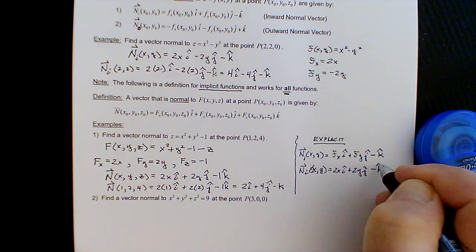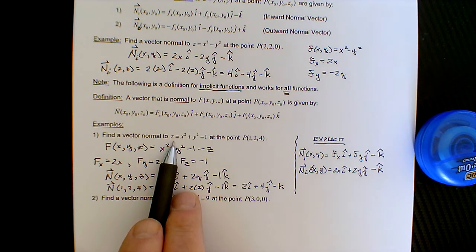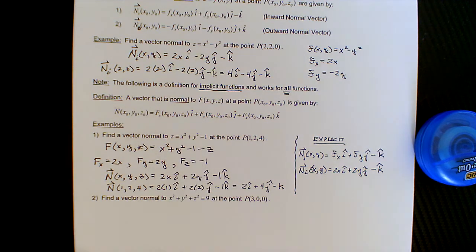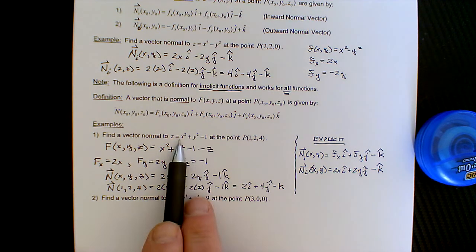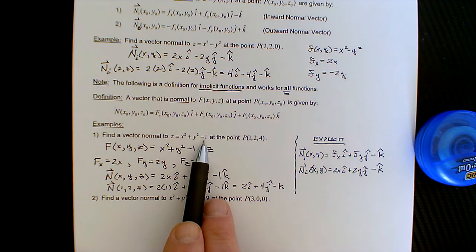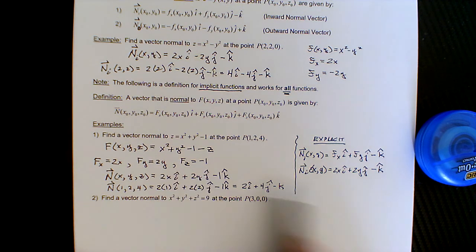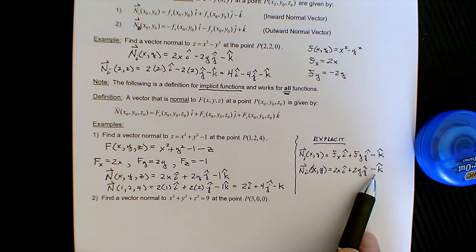Because if the function is explicit, that is z equaling whatever, when we transpose that z, it becomes negative z, and its partial is always negative 1, therefore that's why we always have the negative k.